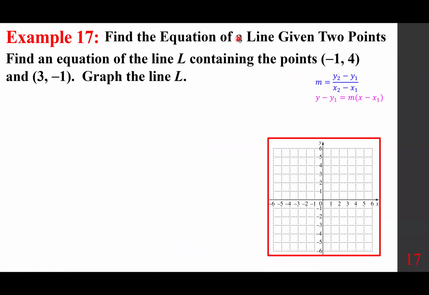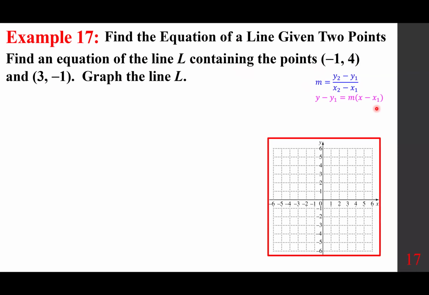Find the equation of a line given 2 points. Find an equation of a line L containing the points (-1, 4) and (3, -1). Graph the line. Again, I'm giving you the formulas for the slope and the point-slope.